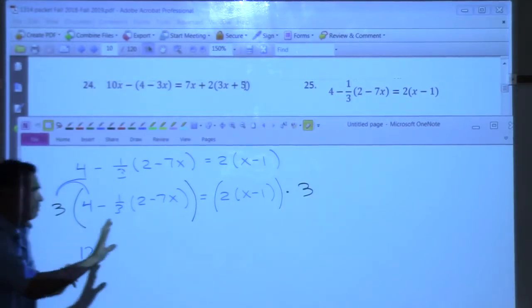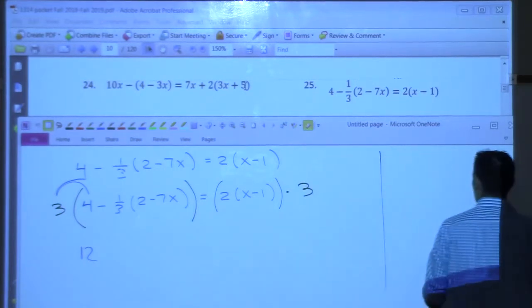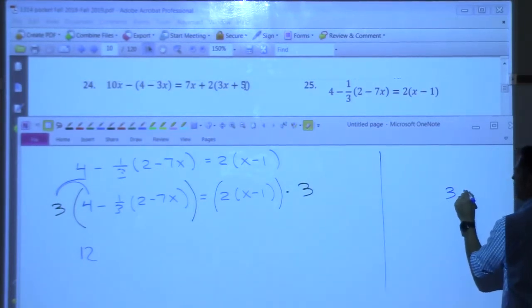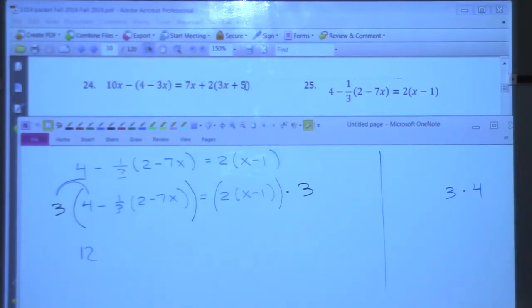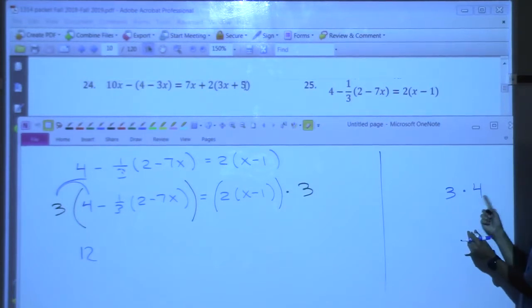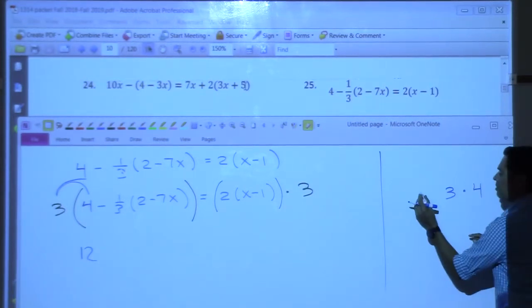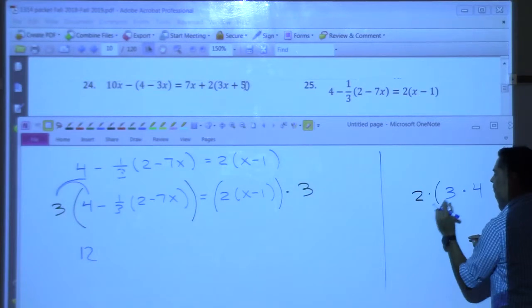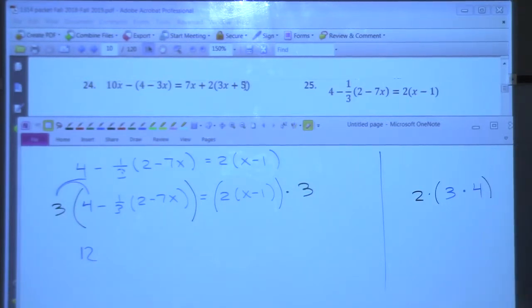So let me make you think about something else. Okay, let's say I had two numbers being multiplied, 3 times 4. What is that? 12, right? What if I told you to take this answer and multiply it by 2? What would your answer be? 24, right? It'd be 12 times 2, which is 24.